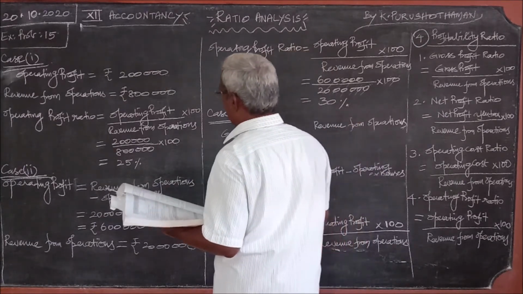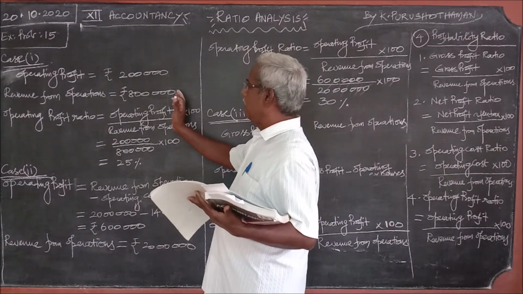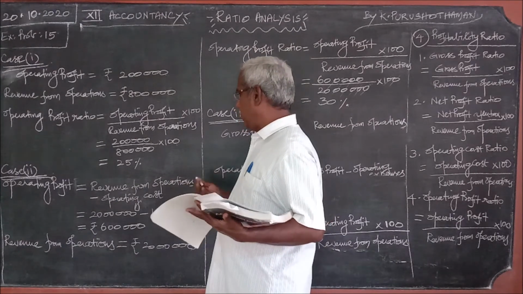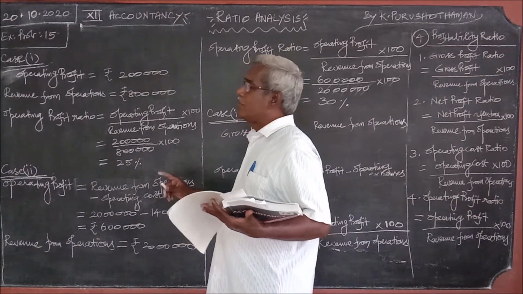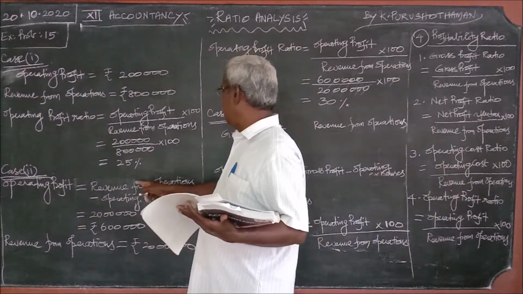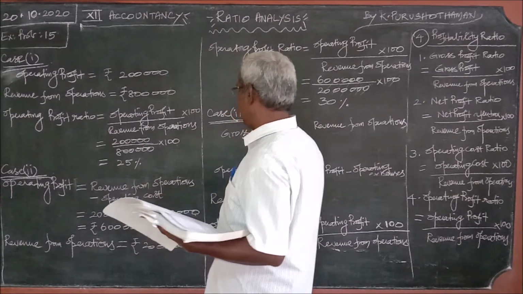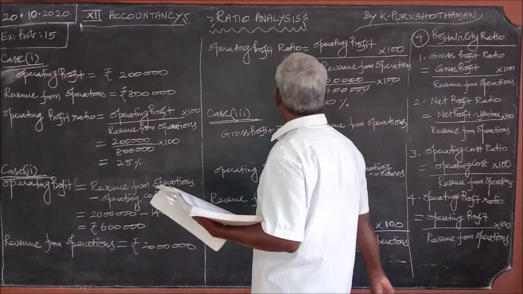So what is the speciality here? In case 1, the operating profit is straight away given. In case 2, the operating profit is not straight away given, but operating cost is given. Therefore, if you minus operating cost from revenue, then you will get operating profit, that is 6 lakhs. Now we have found out the numerator and denominator is readily given.